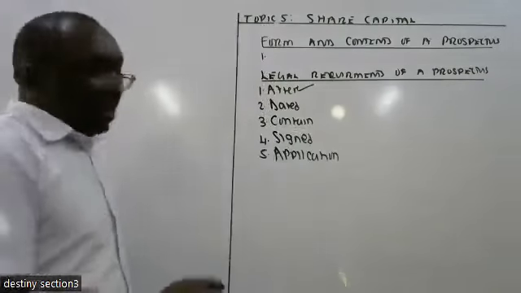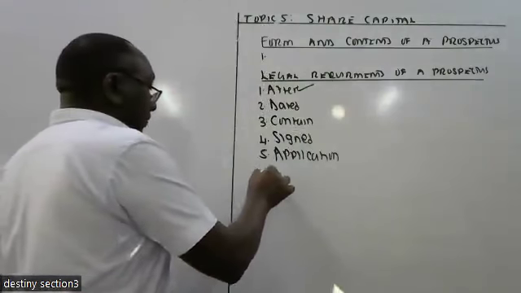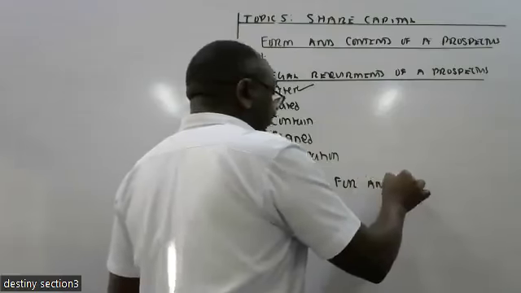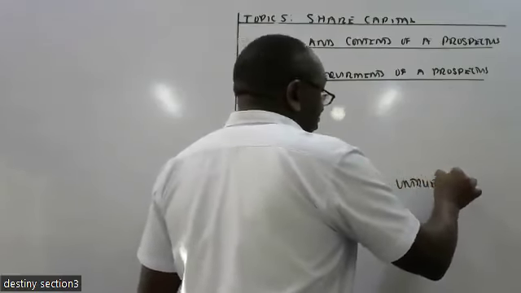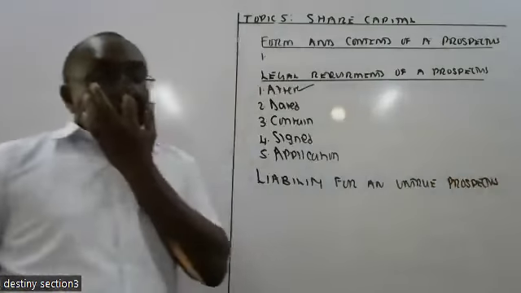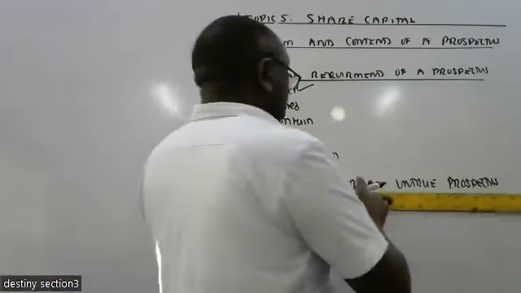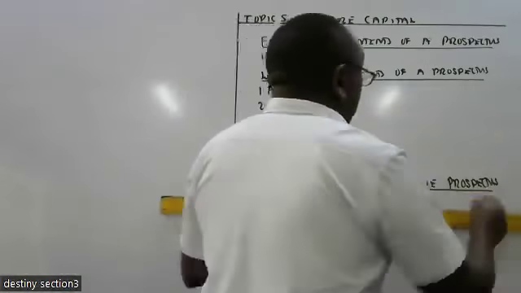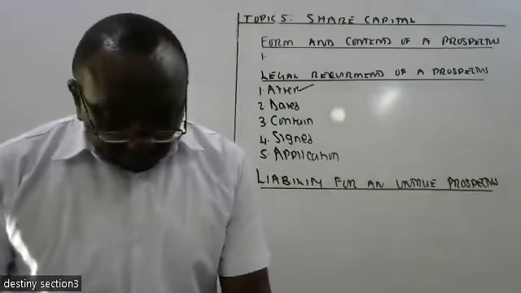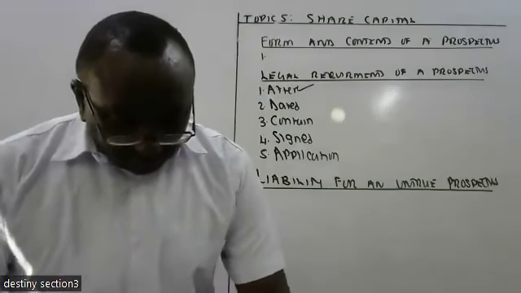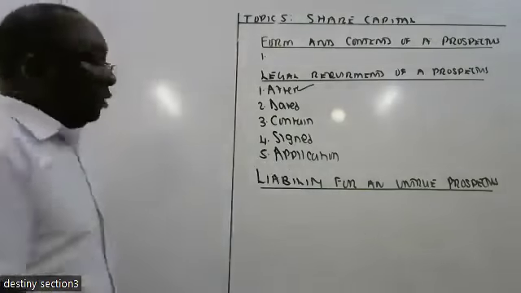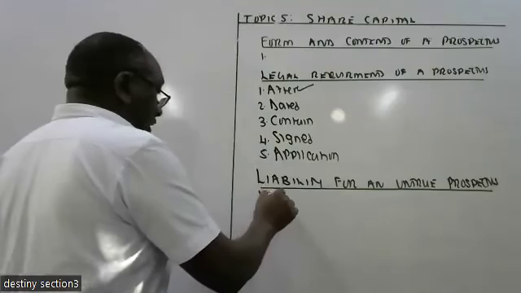Let's now look at liability for an untrue prospectus. If the prospectus is not true, who is liable? We begin by writing untrue statements.